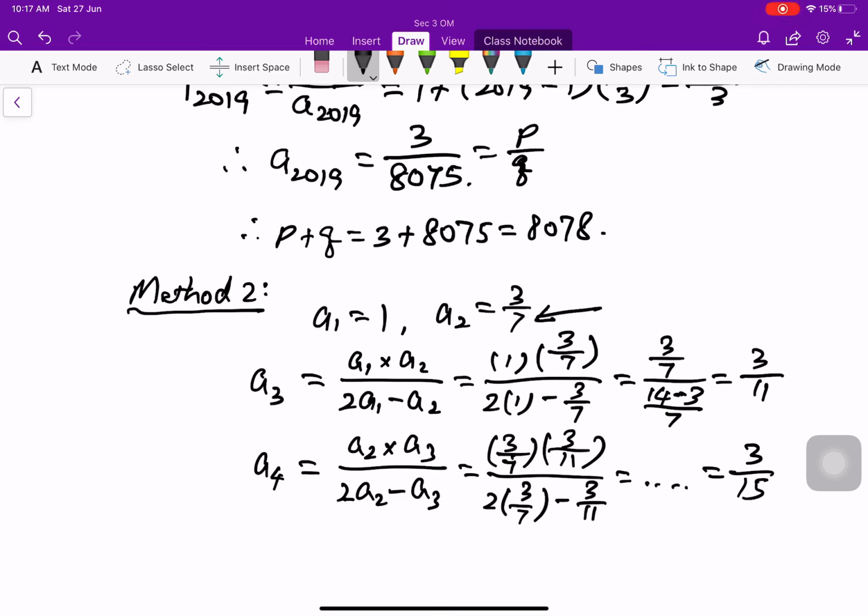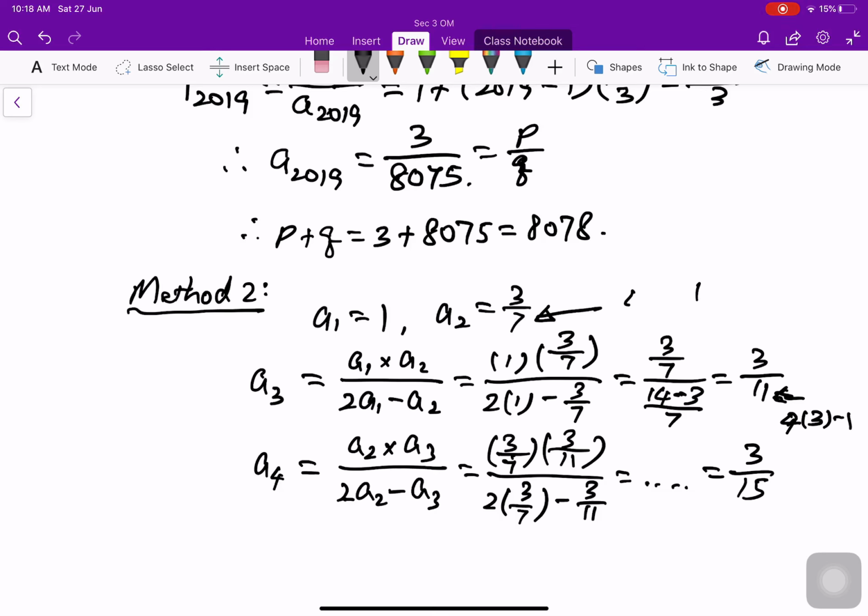How does your 7 relate to n? Your 7 is 2 times 4 minus 1. Then what about your 11? Sorry, I shouldn't write it this way.